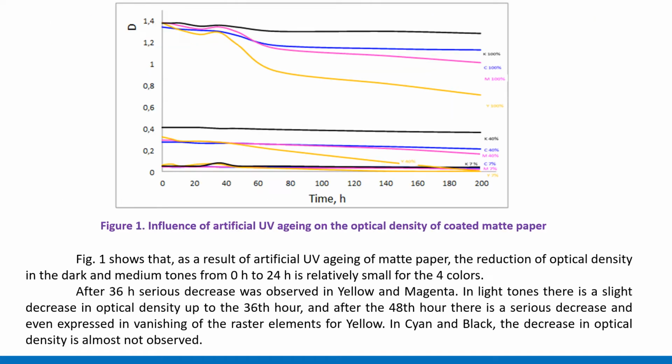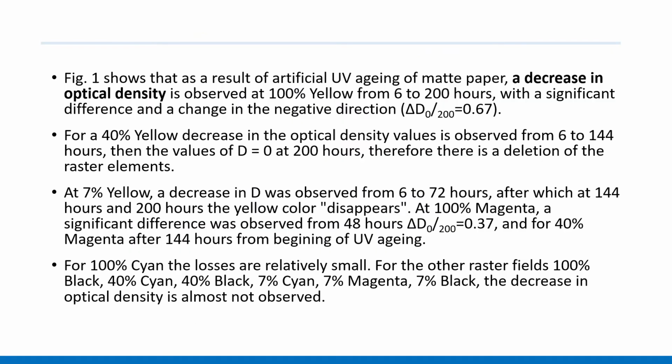On figure 1 and figure 2 you can see the influence of artificial UV aging on the optical density of coated, and figure 2 of uncoated offset paper. You can see the changes in density for all four colors CMYK in dark tones, mid tones and white tones.